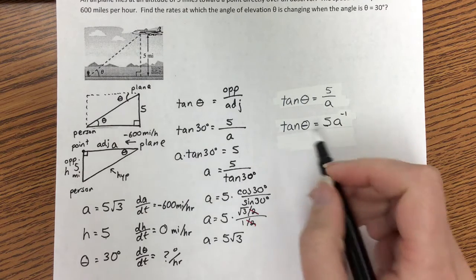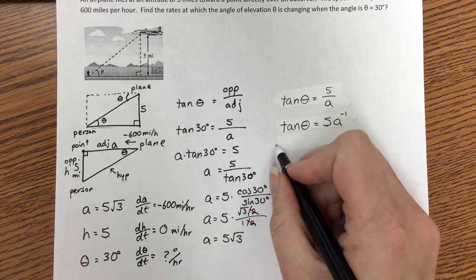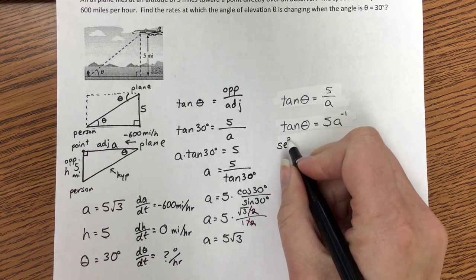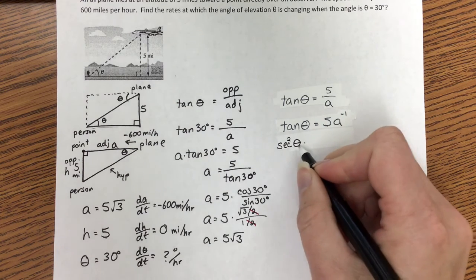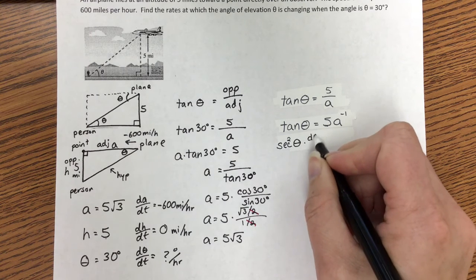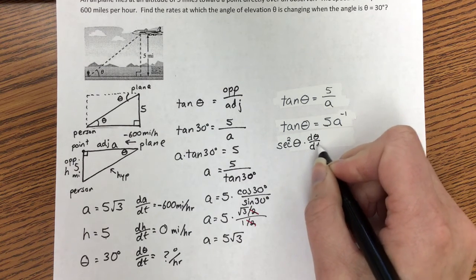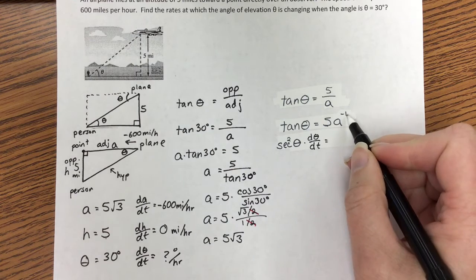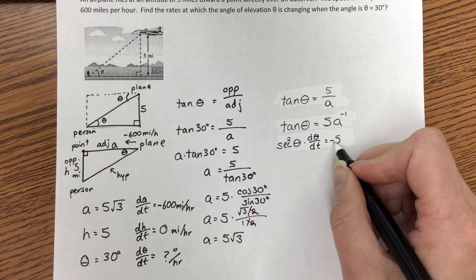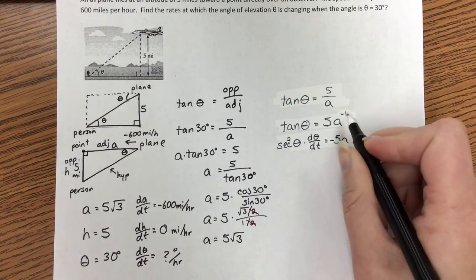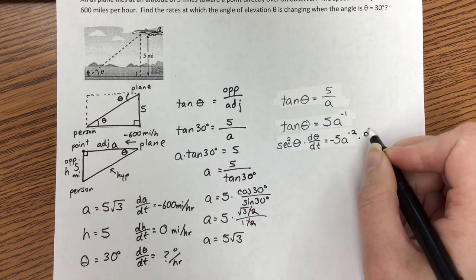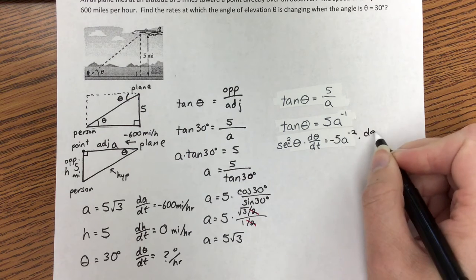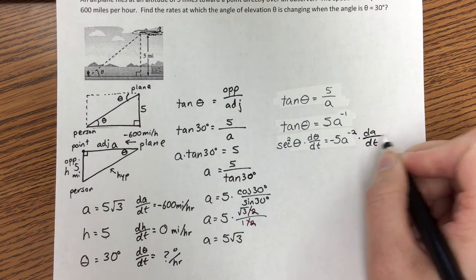Let's take a derivative. The derivative of tangent is secant squared of theta, but we took a derivative of something that is not t, so we have to multiply by d theta/dt. Other side equals negative 1 times 5 is negative 5, A to the negative 1 minus 1 is negative 2, times dA/dt.